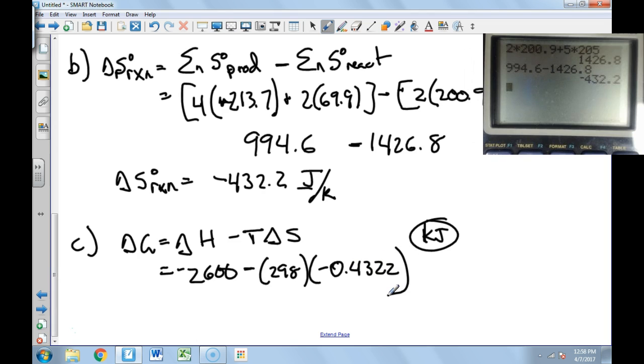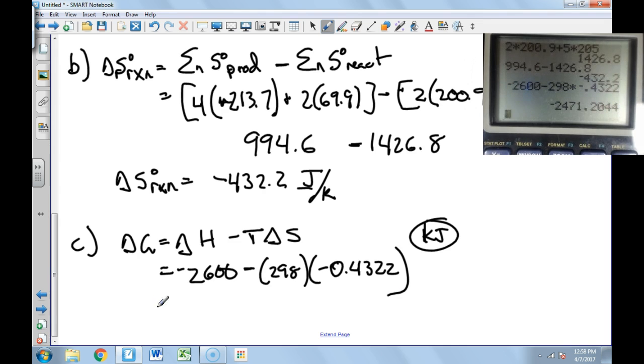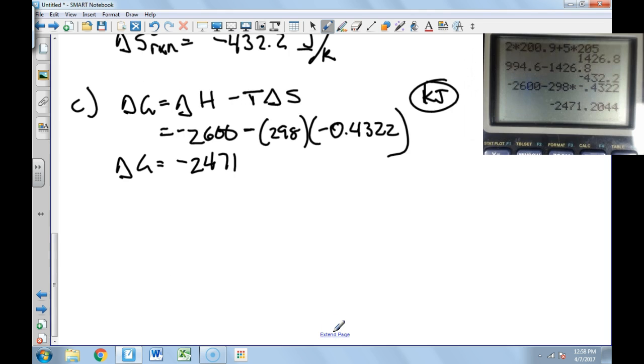Now we plug it into the calculator. So we get negative 2600 minus 298 times negative 0.4322. And so now the delta G for this equals negative 2471.